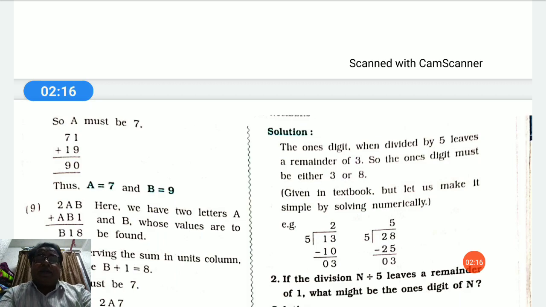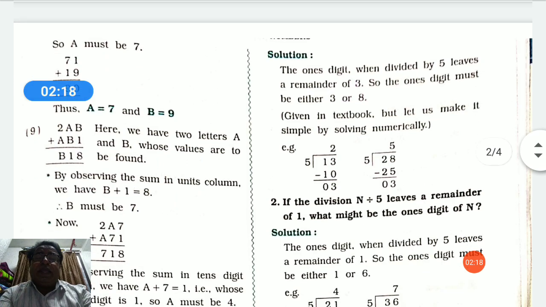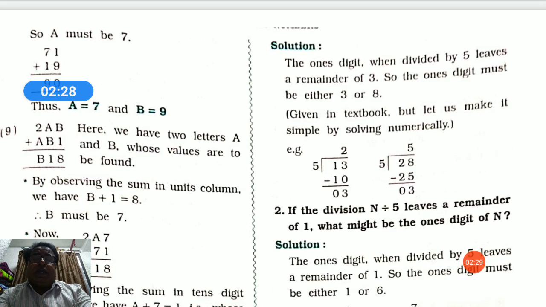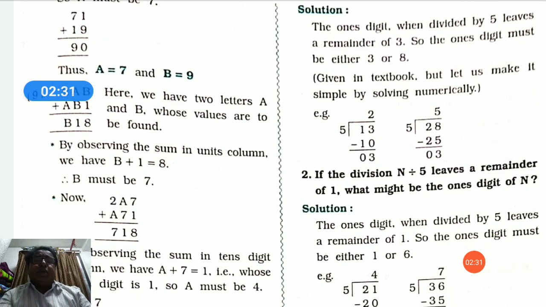नेक्स्ट एग्जाम्पल था 2AB प्लस AB1, आंसर है B18। 3 डिजिट नंबर है, अननोन है। Here we have 2 letters A and B unknown whose values are to be found.